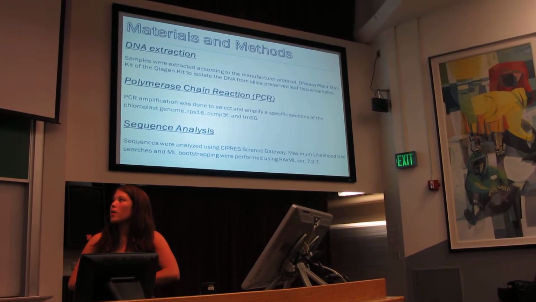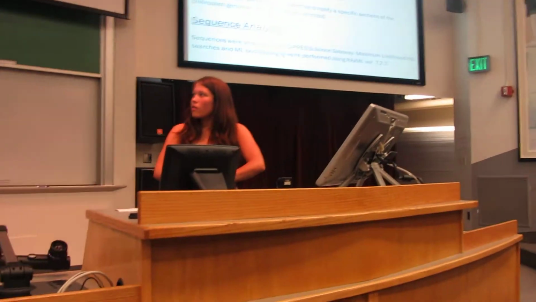And then we went through a polymerase chain reaction, which was done to select and amplify the selections of the genes that we used, and once again the only one we got a good result out of was the RPS16 gene. And the sequence analysis was the most fun. We got a lot of pictures out of it using the CIPRES Science Gateway, maximum likelihood. We got really good results, and I'll show you that in a few more slides.